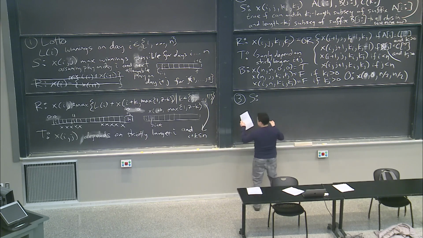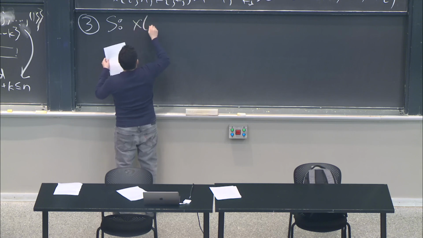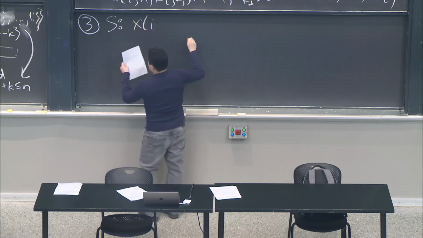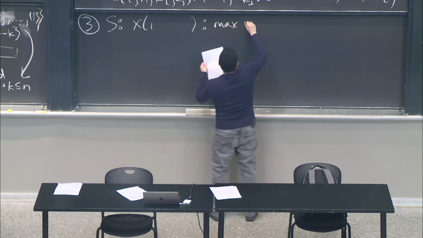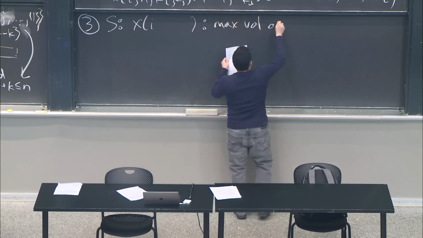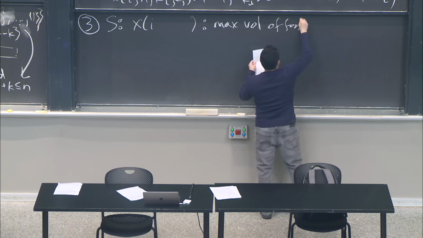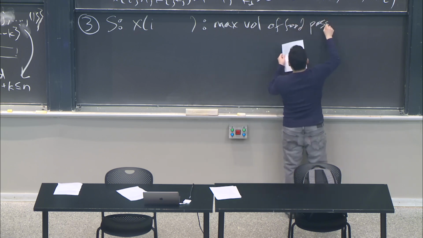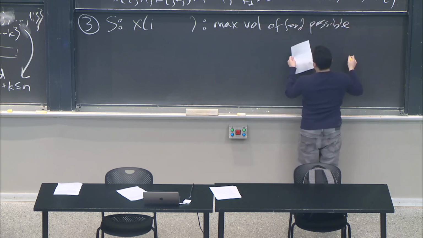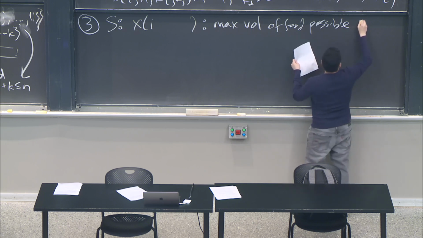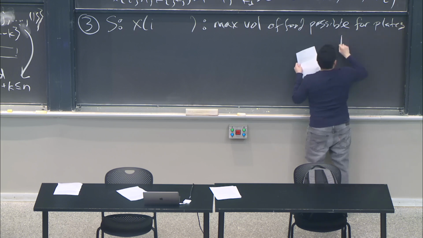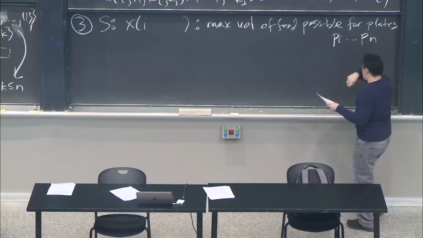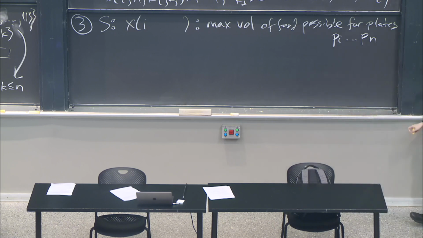I'm going to choose suffixes here. I and some other stuff is going to be the max volume of food possible for plates pi to pn. I'm going to assume one indexed here because why not?